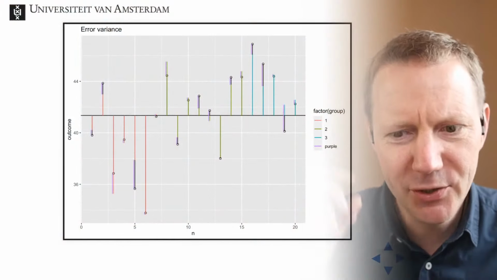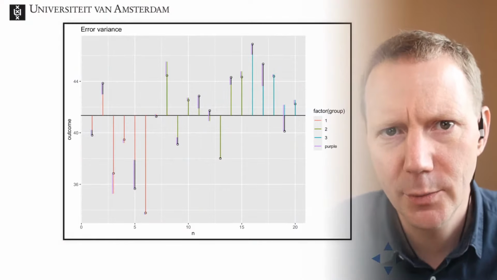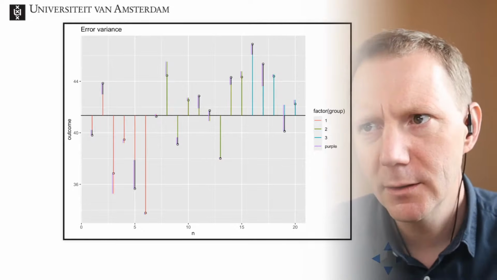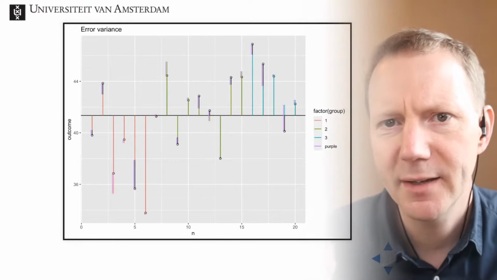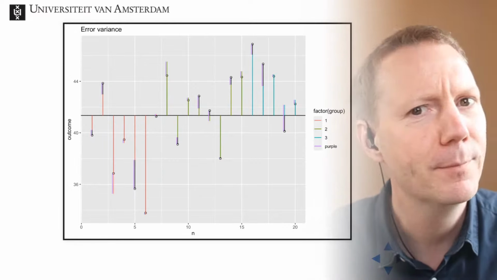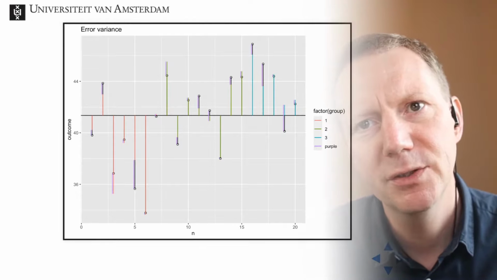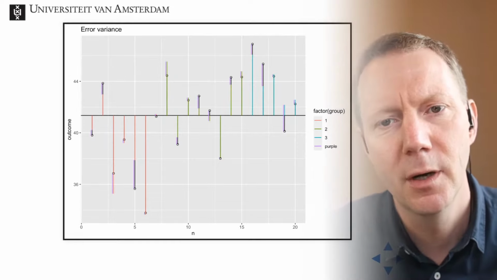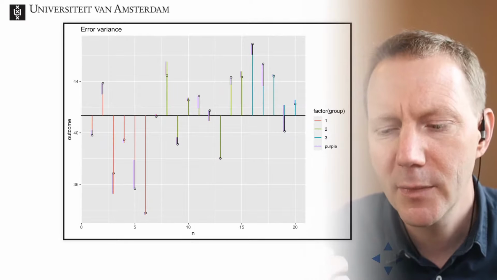So we've seen that we reduce the amount of error by combining the predictor variable and the covariate. And we have to do a final step, because we actually want to know the amount of explained variance for the group variable if we correct for the covariate.